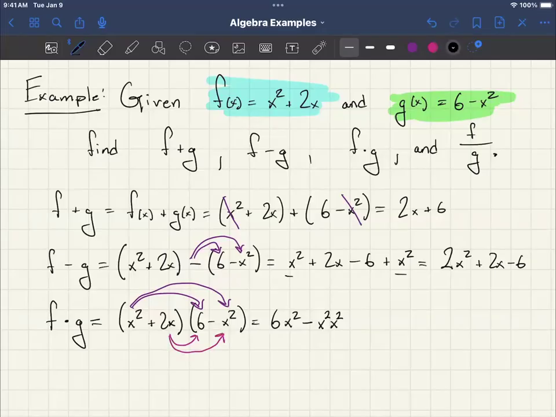All right, then we have our second term, 2x, times everything in the last bit of parentheses. 2 times 6 is 12, so we have plus 12x, and 2x times a negative x squared, so 2x times x squared. And we'll just simplify that a little bit. X squared minus x to the fourth.